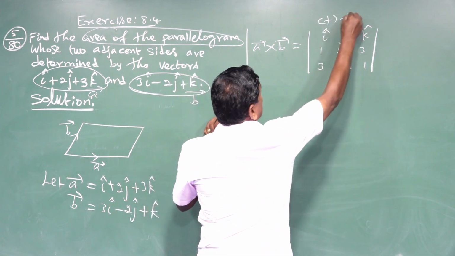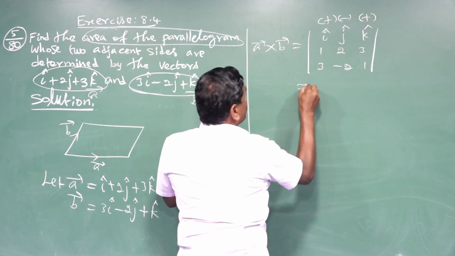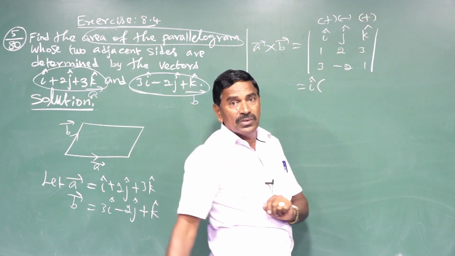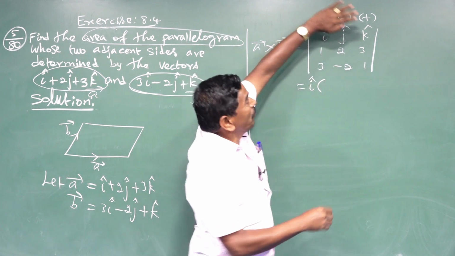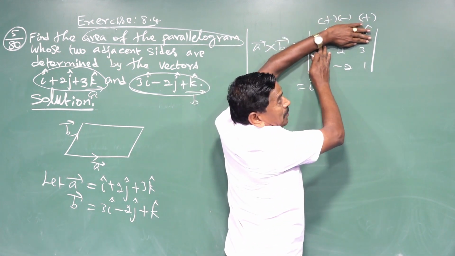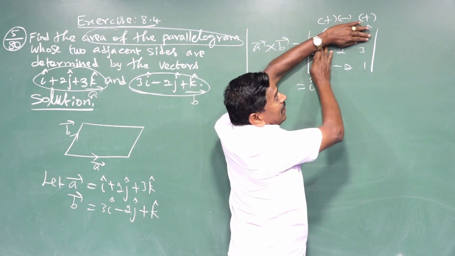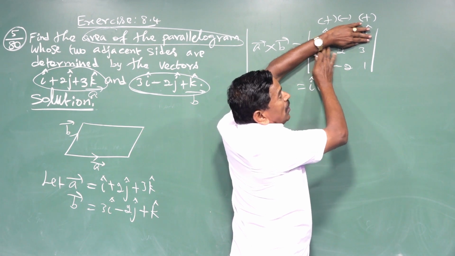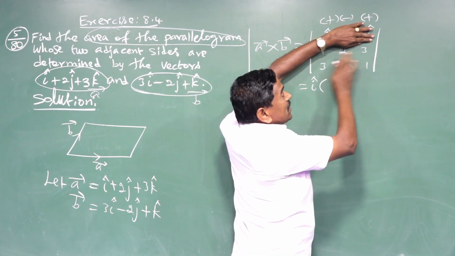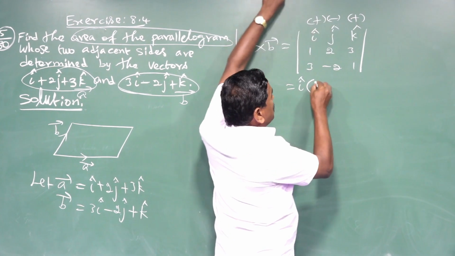Now as usual, plus, minus, plus. This is equal to i cap into, forgetting its respective row and column, cross multiply: 2 into 1 is 2, and in this direction always minus, so 2 plus 6.